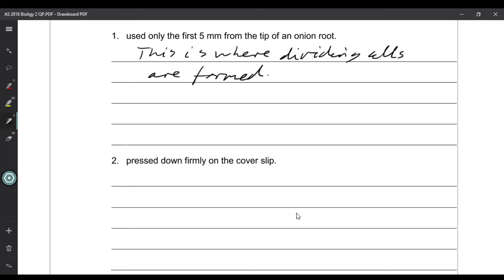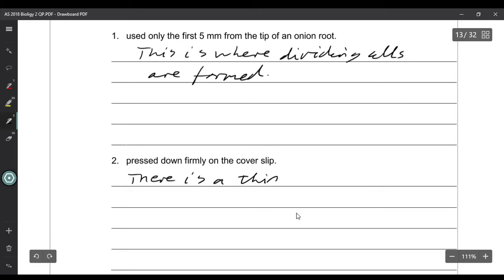It's going to be too dense. So we press down on the cover slip so that there is a thin layer of cells so light can pass through.